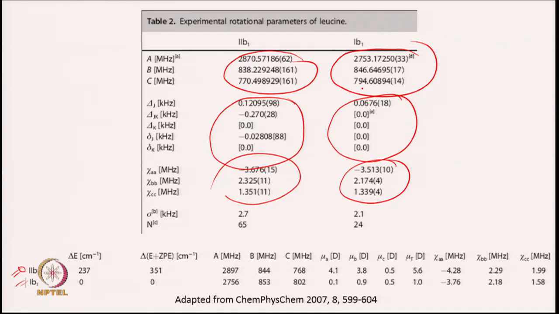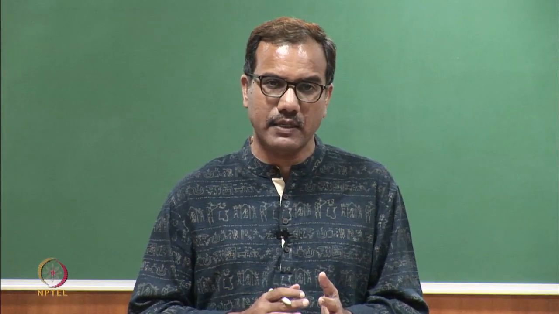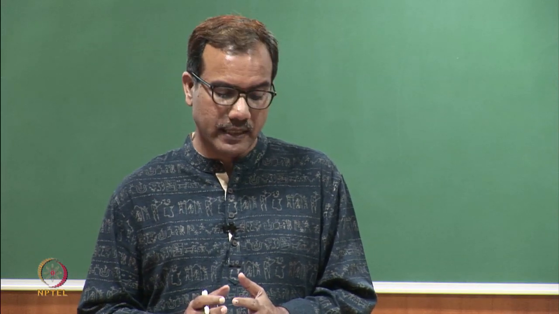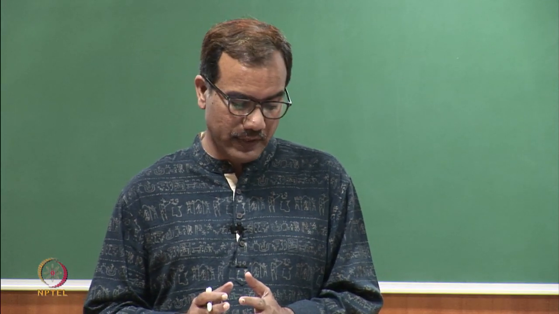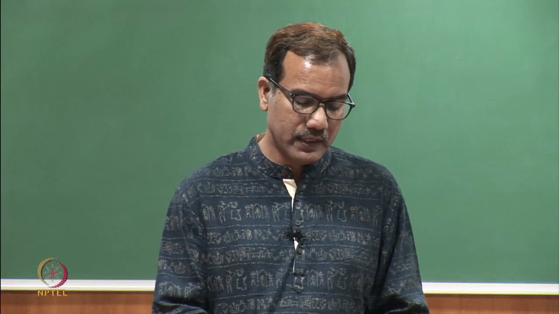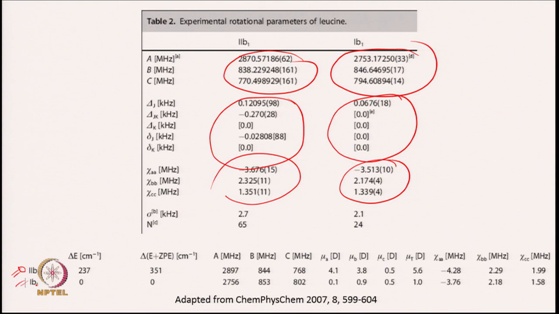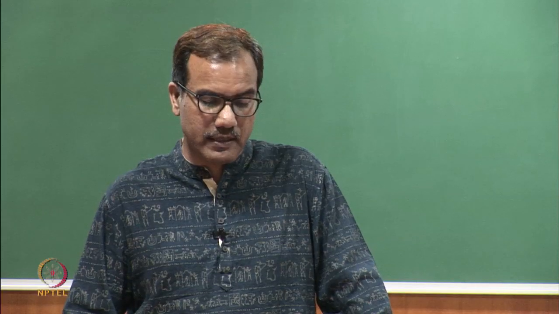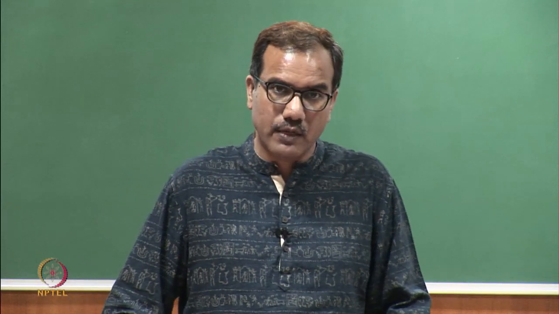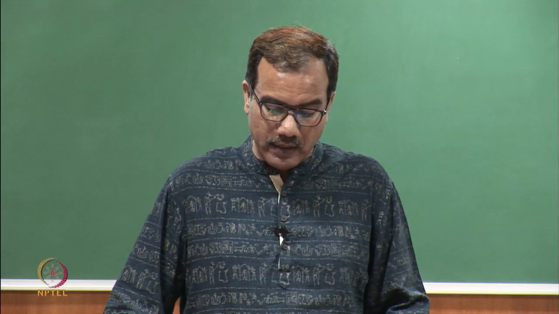So, by matching experimental with theoretical calculation, they are able to predict that leucine exists in 2 different forms, 2B1 and 1B1. Conformations can be differentiated by obtaining the rotational spectrum.